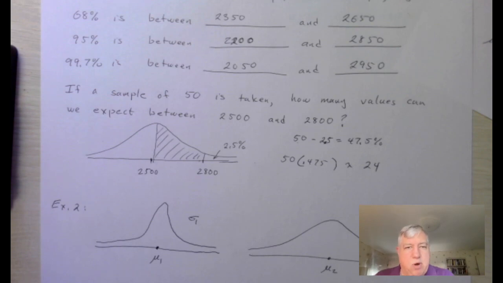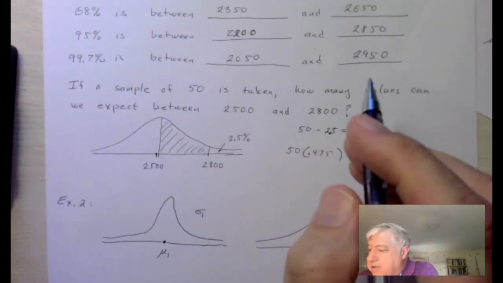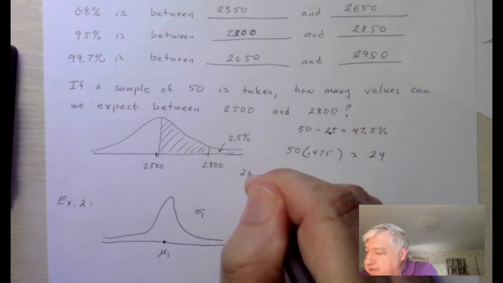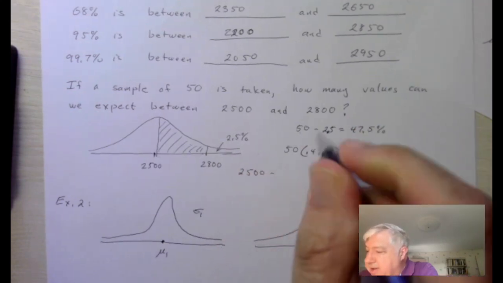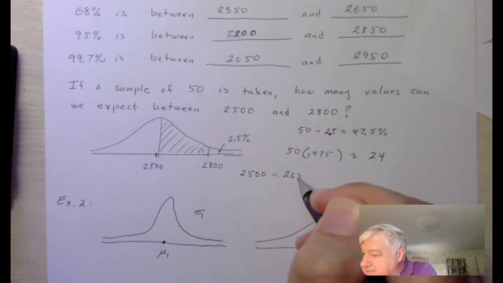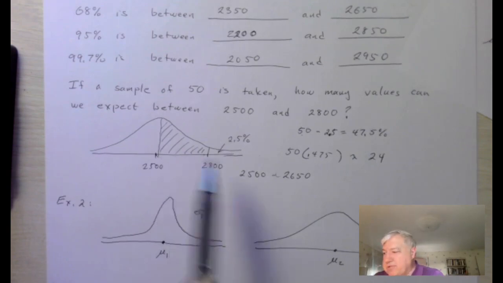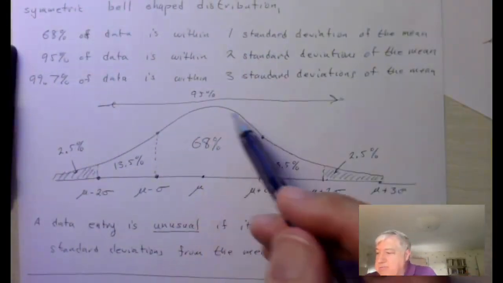If we wanted to find, let's say, between 2,500 and 2,650, this would be about 34%, right? Because we'd basically be cutting this middle region in half.